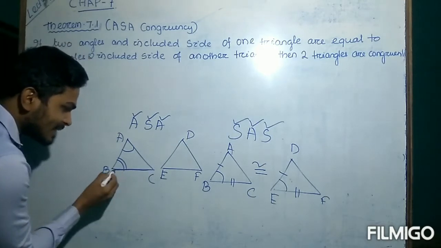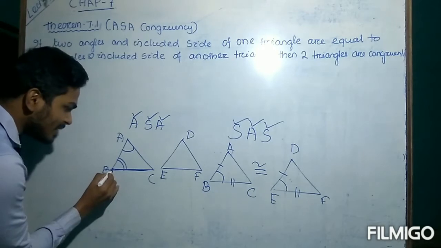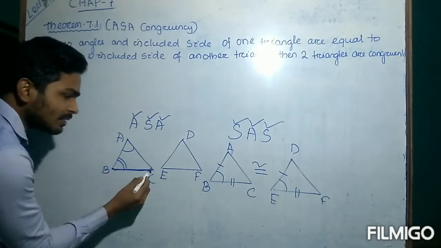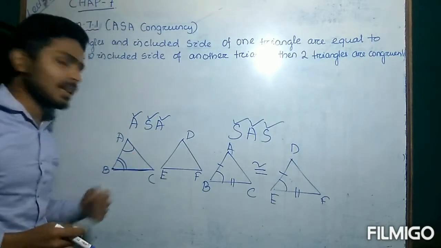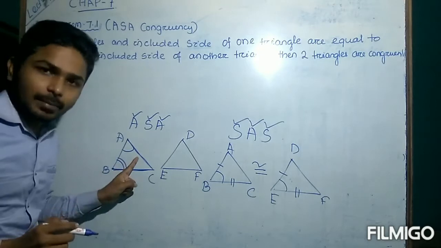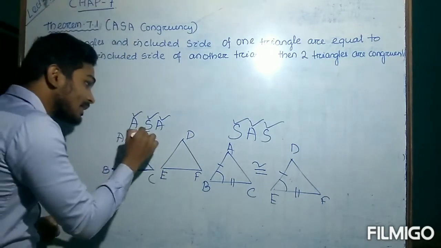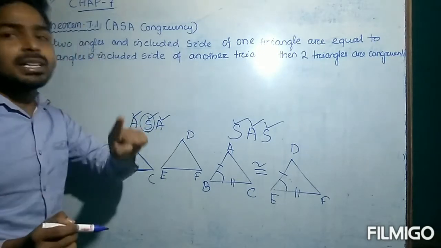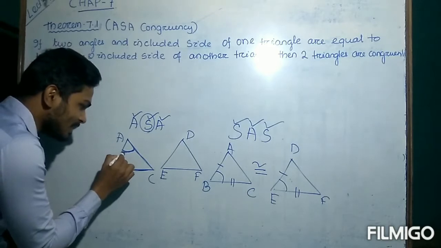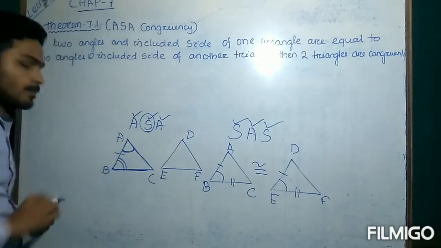You cannot take this side, because one of its vertices is related to this angle, but the other vertex is not related to this angle. You cannot take this side as the included side because only this angle is related to it. You have to choose the side which is between the two angles. Since we have chosen this angle and this angle, this is the included side.